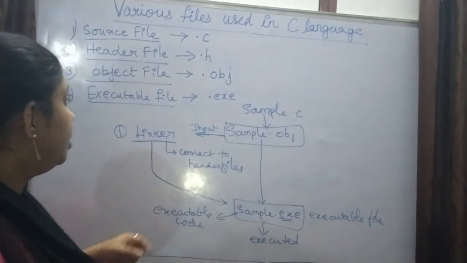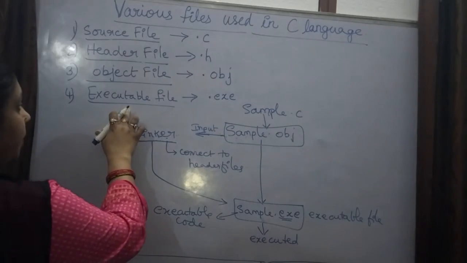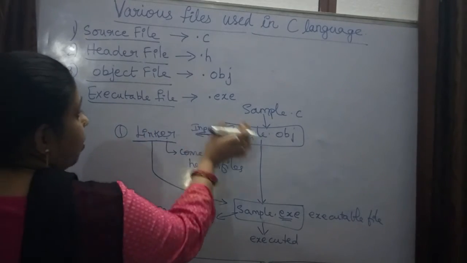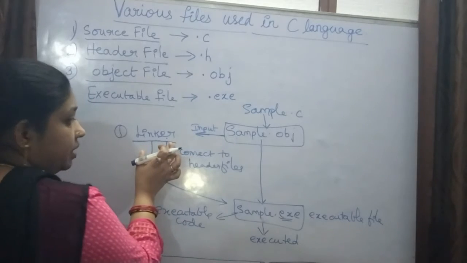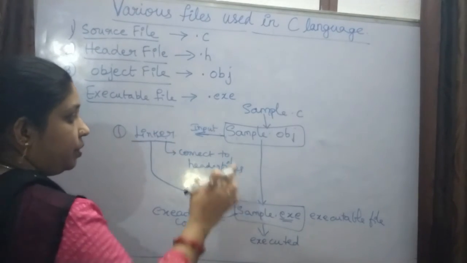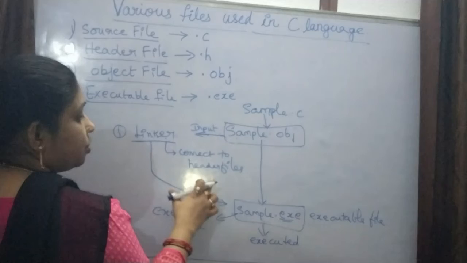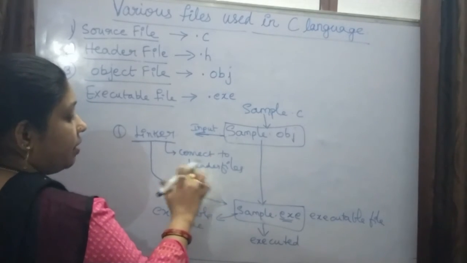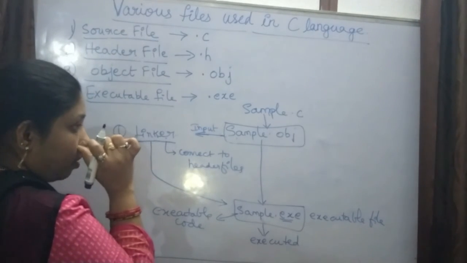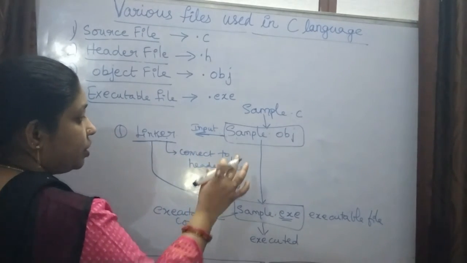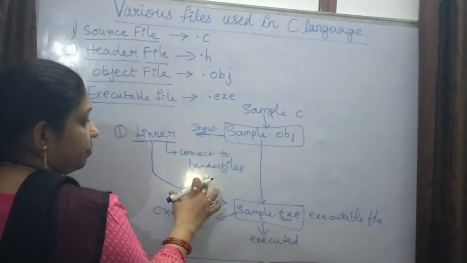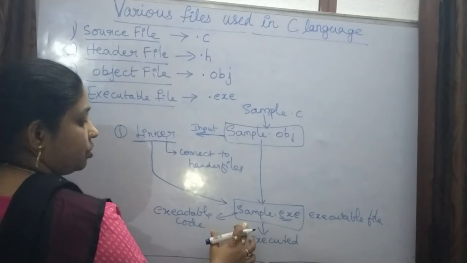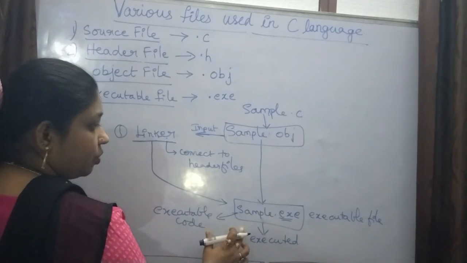Understood? So what is happening here is that the object file is taken by the linker as input and connected to the header files, where it understands all the code present, and then it changes to sample.exe, the executable code.